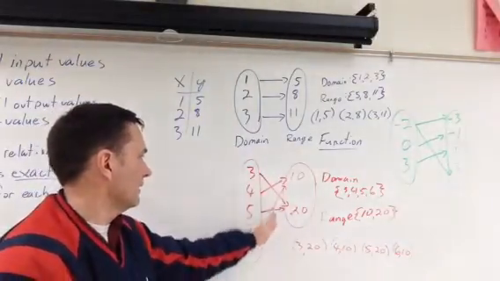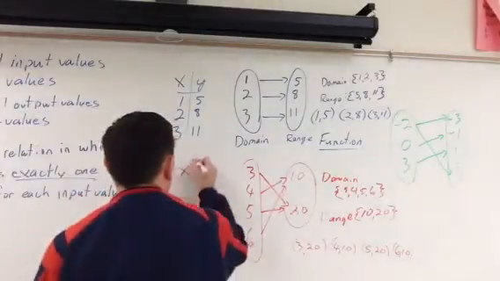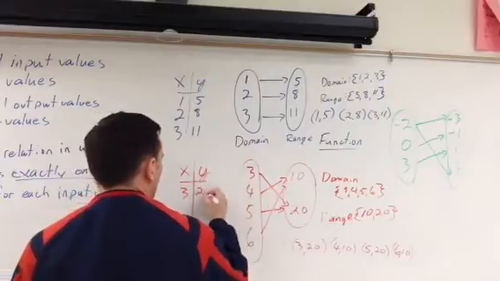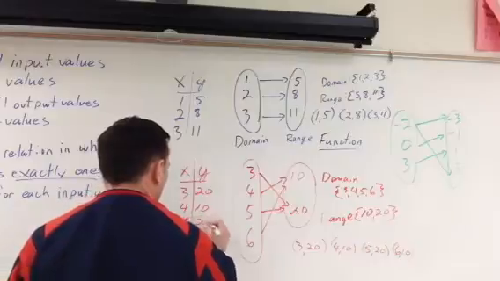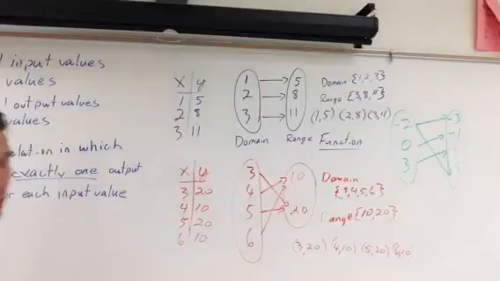That's why the arrows are crossing. Make this a table: 3, 20, 4, 10, 5, 20, 6, 10. There's our x-y chart.